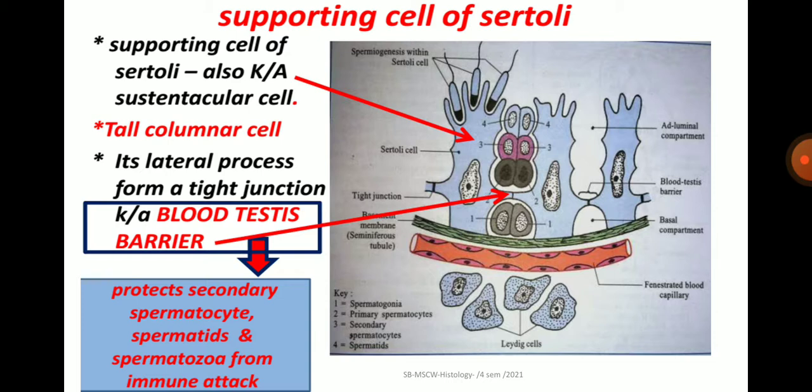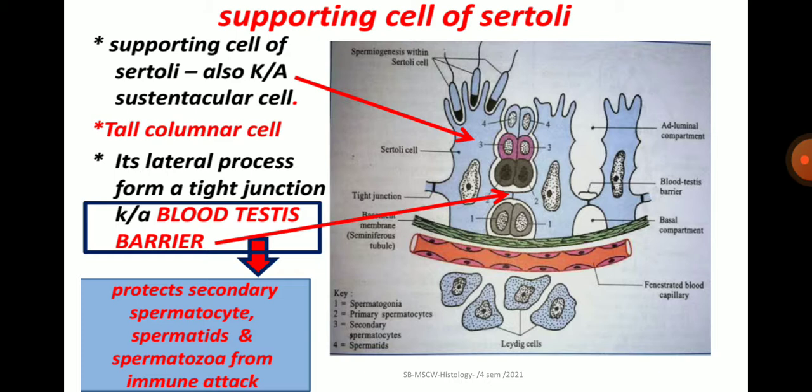About the Sertoli cells, I have already just mentioned that they are tall columnar cells, and these cells have lateral processes which form a sort of tight junction, also called occluded junctions. What are these tight junctions or occluded junctions? Actually, these tight junctions are areas where the plasma membranes of adjacent cells are fused.